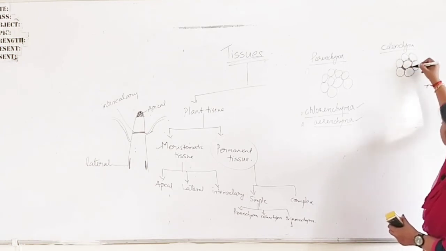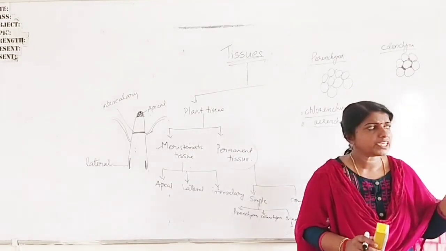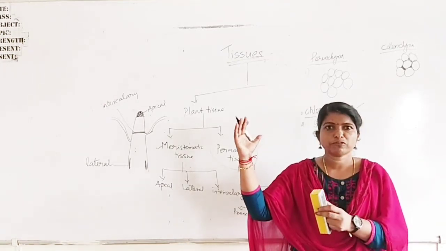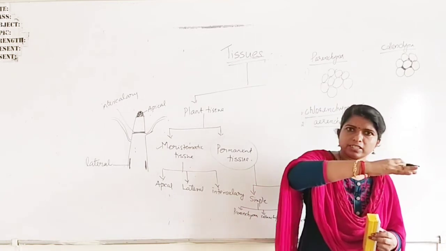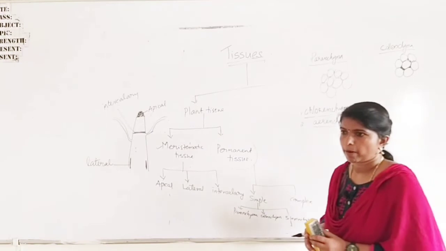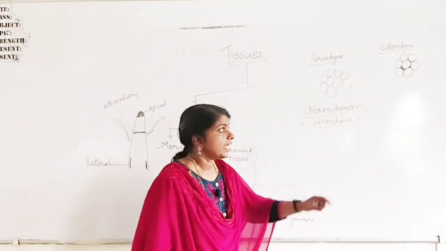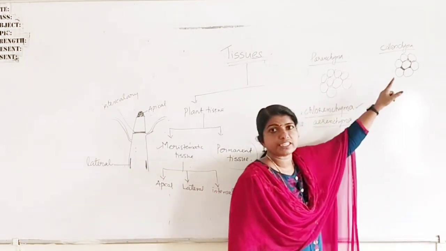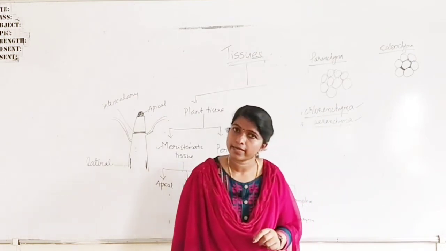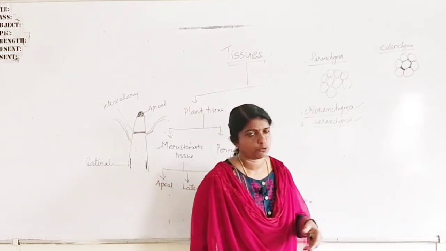That is collenchyma. Many times you may observe when the wind blows, the longer branches of the plants bend without breaking, and that flexibility is due to collenchyma. The corners of the cells are thickened. The main function of collenchyma is providing mechanical support, and it also stores food.